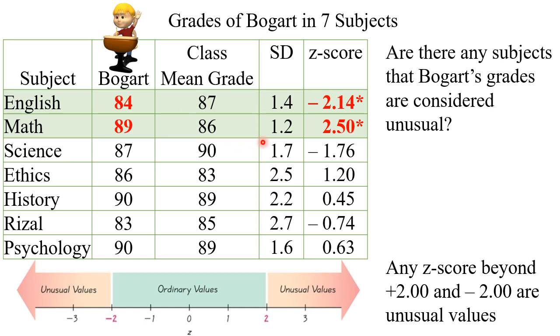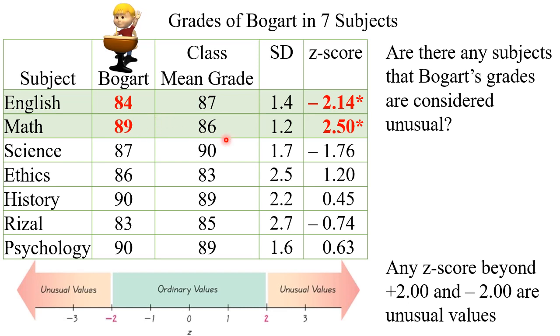So in this case, we can see clearly that there are two grades of Bogart that are greater than and less than the lower and the upper limit of 2. Negative 2.14 is below negative 2, so this is considered to be an unusual grade.